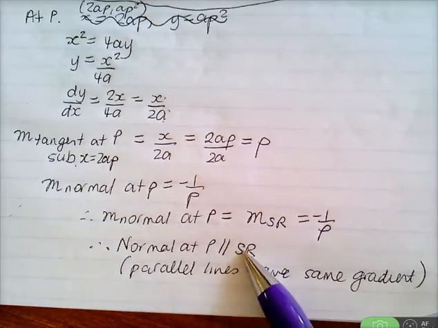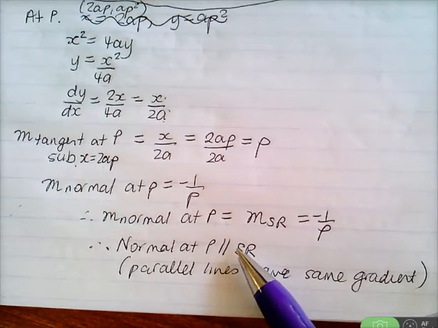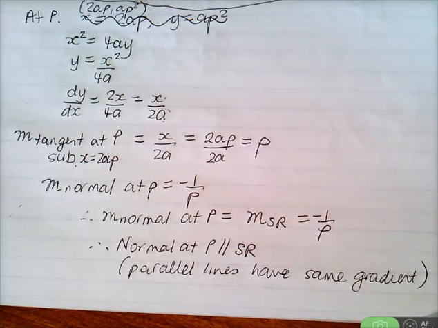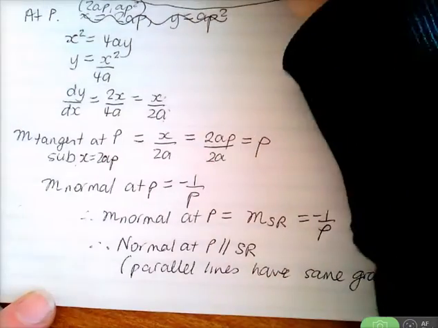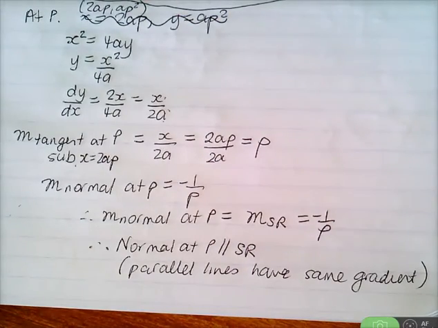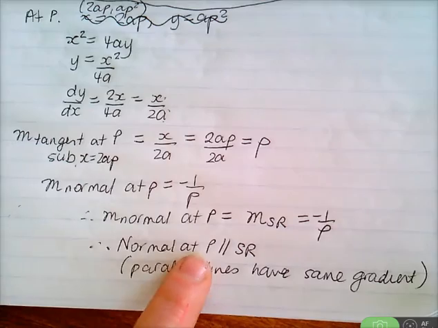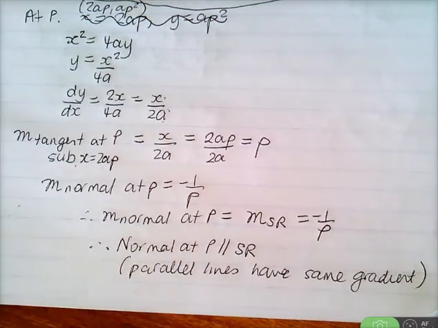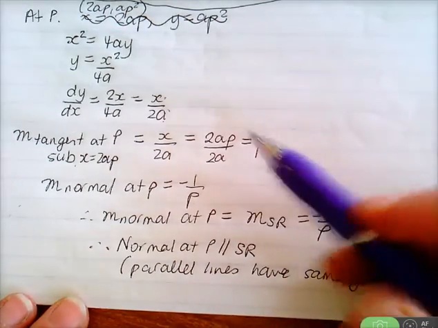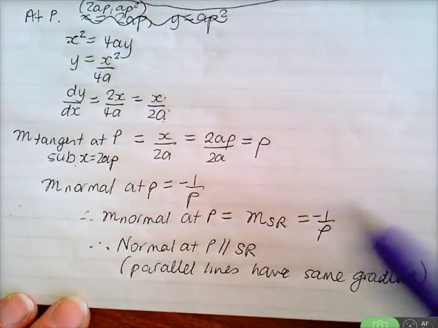Well, we have. Show that the normal at P is parallel to SR, where S is the focus. We've done it. Therefore, the normal at P is parallel to SR, because we just found that they had the same gradient.